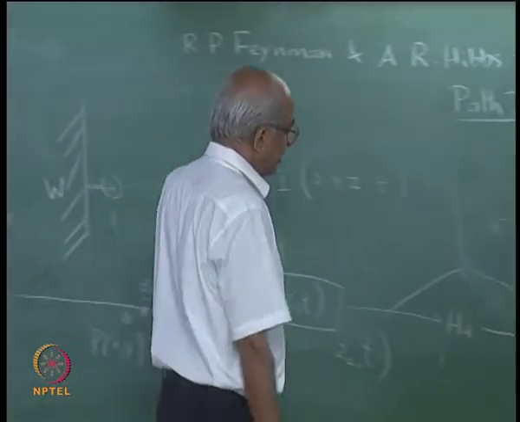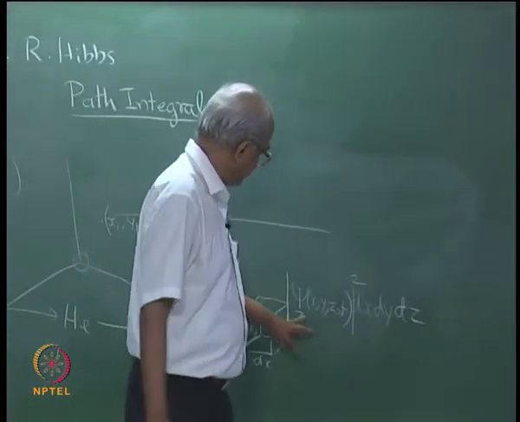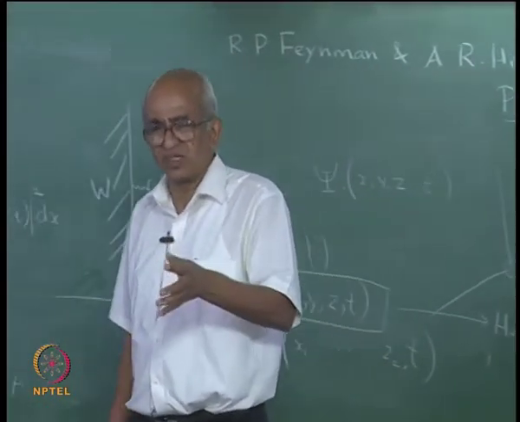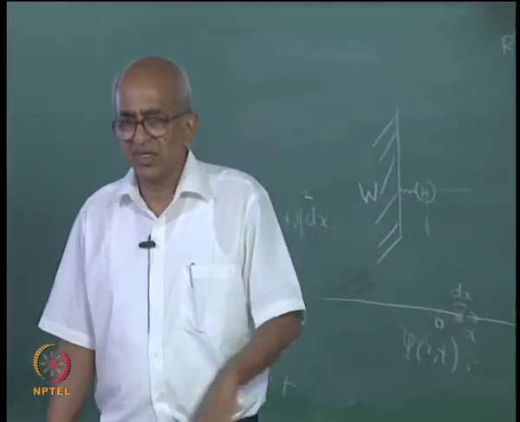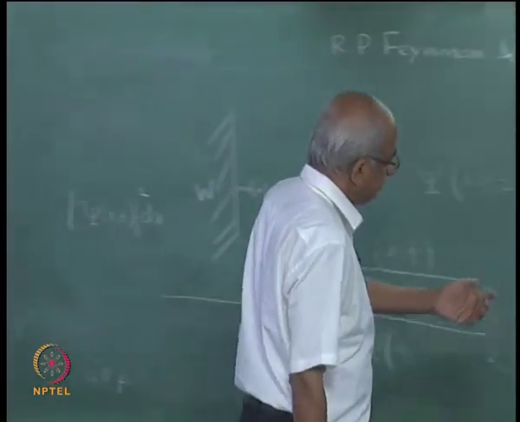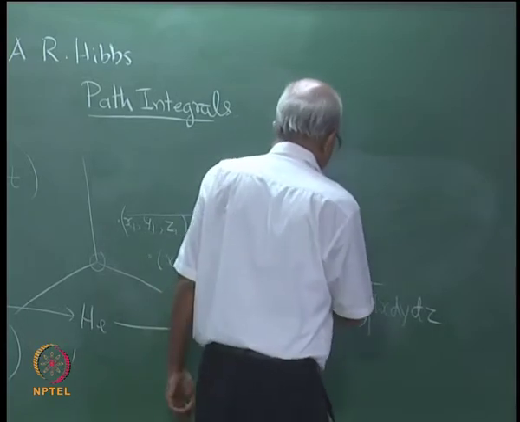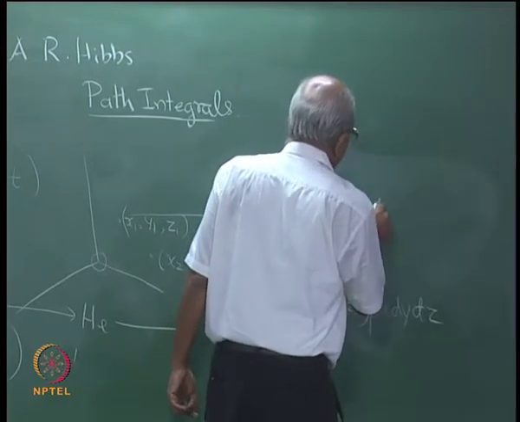Now, in general, this psi will be a complex number, it will not even be a real number, it will be a complex number with a real and an imaginary part, and that is why I had been putting this magnitude square. But instead of taking the magnitude and squaring it, if you like, you can also do the following.